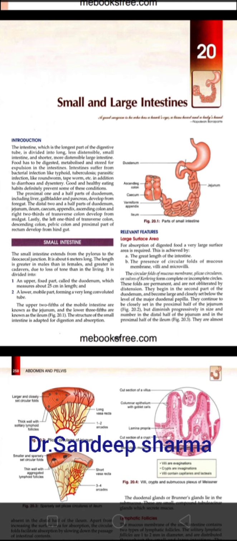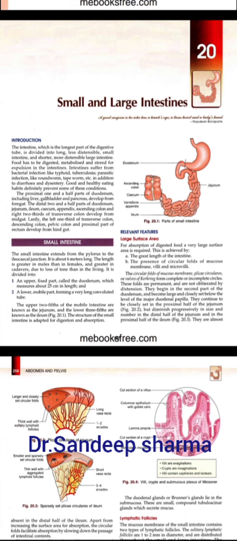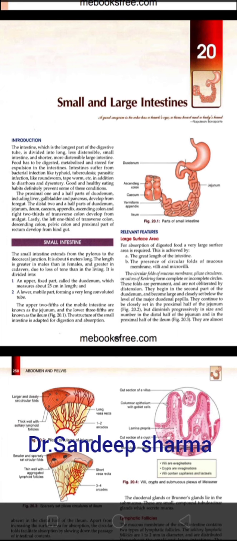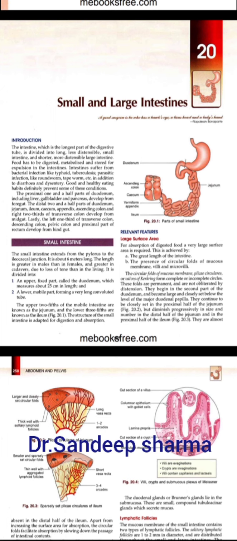As we have seen in the last classes, the stomach has three parts: the cardiac part, the fundus, and the pyloric part. The pyloric part is continuous with the small intestine. You can see in the diagram that the small intestine runs from the pylorus to the ileocecal junction. The length of the small intestine is about 6 meters.